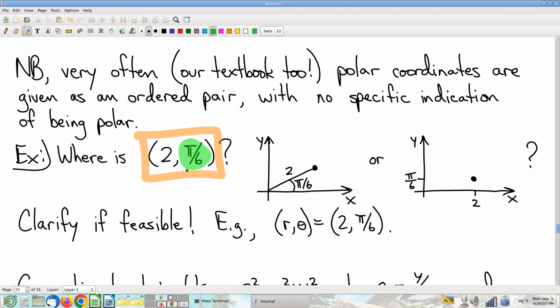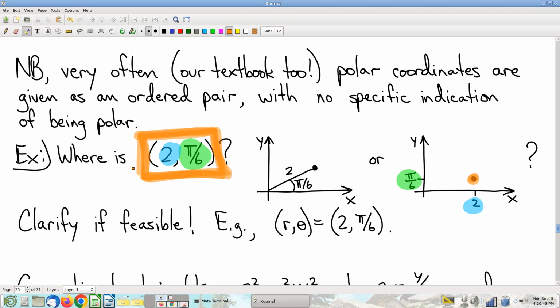So it's tempting to say, oh, that must be an angle, and that means that this must be a distance, and therefore this point must be this point, orange must be this point. Tempting, but uncommon though it may be, there is a perfectly good real number called pi over 6 that could be your y coordinate, and there's nothing wrong with x equaling 2, so you could very well be talking about that point.